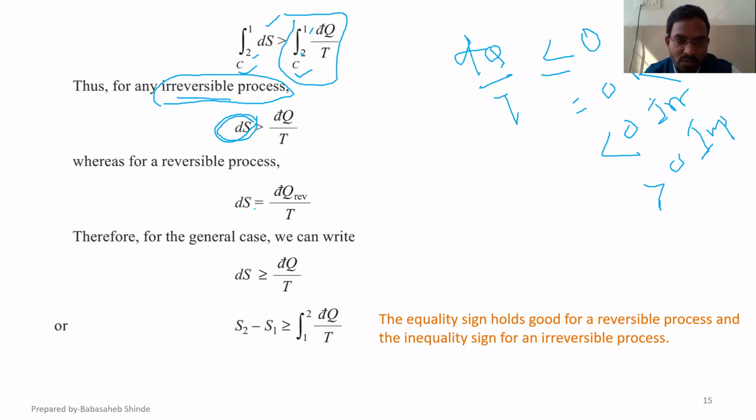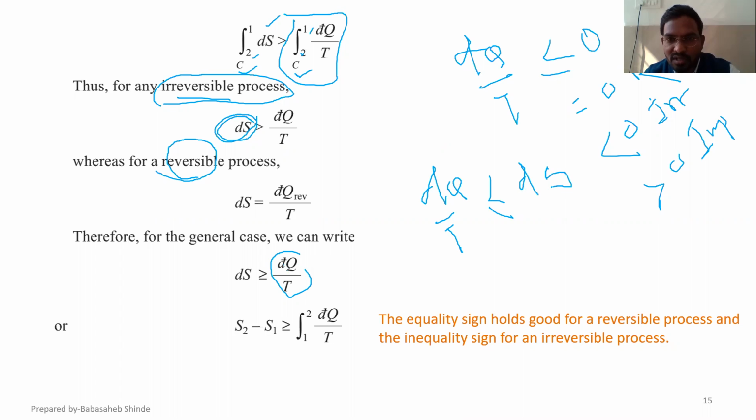If it is equal to dS, the process is reversible. And if it is greater than dS, that process is not going to be there. So the final statement is that dq by T is always going to be less than or equal to dS for any kind of process.